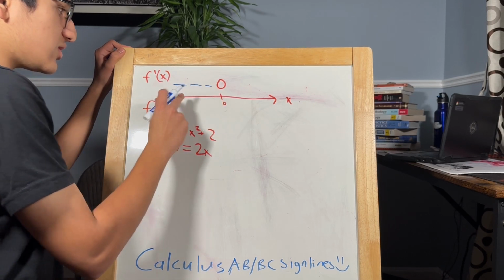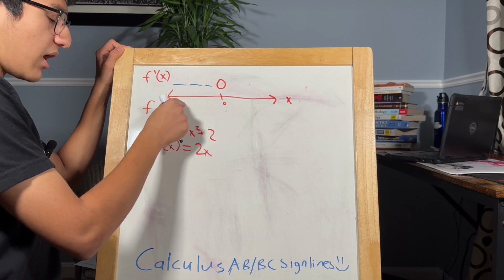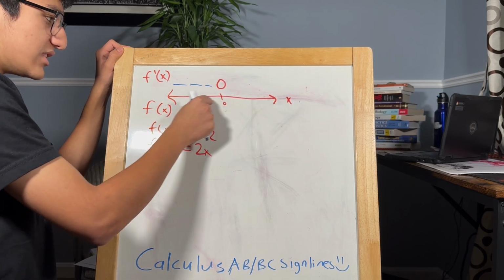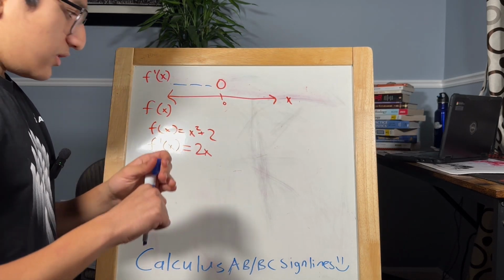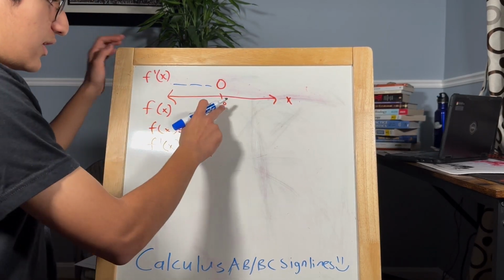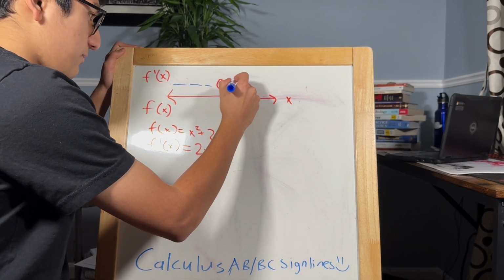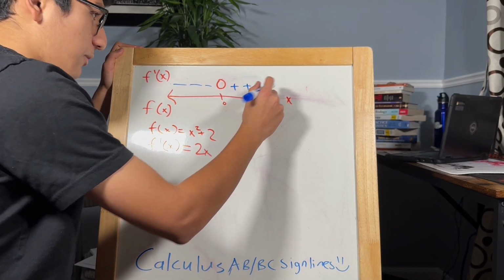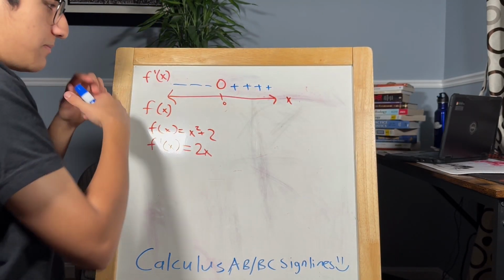You put little negatives above it. This represents that when x is any value less than 0, f prime of x will be negative. Now, in the other direction, when x is any value greater than 0, the derivative will be positive, up until positive infinity.